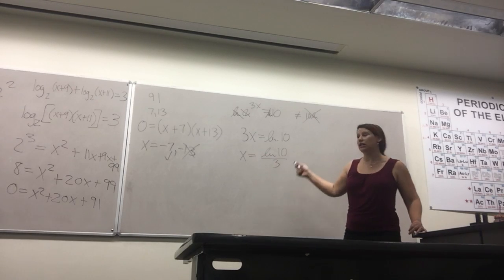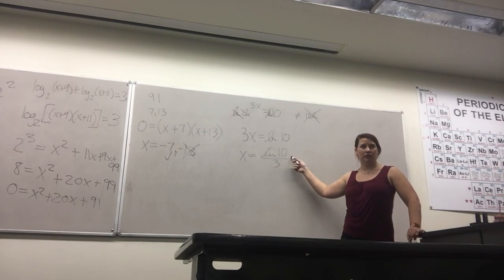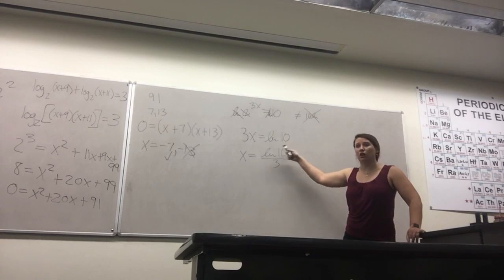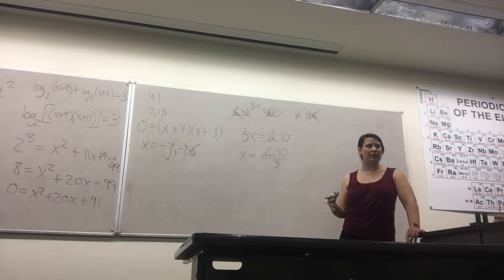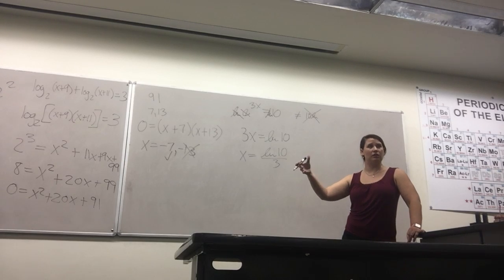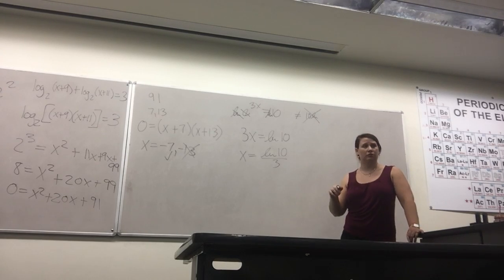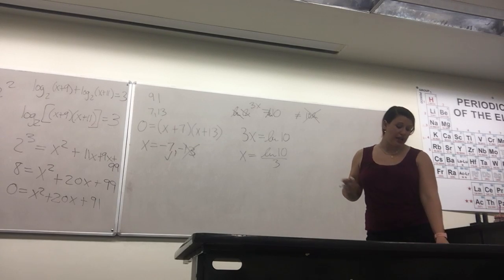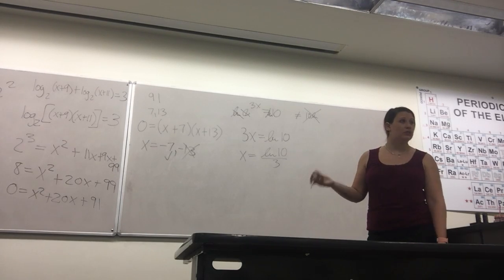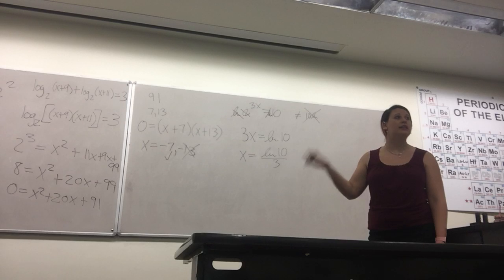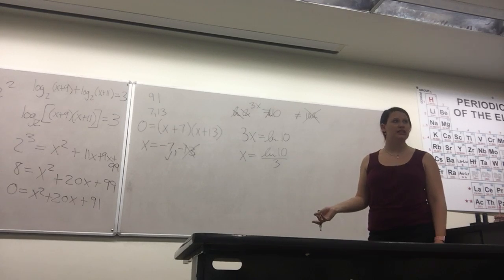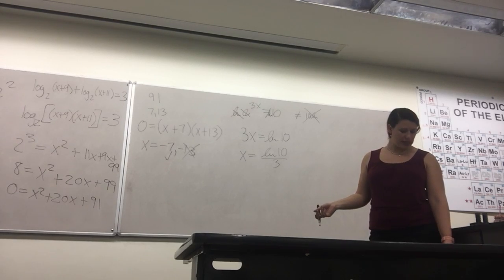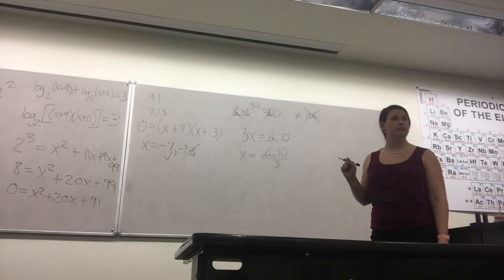Now that 3 cannot get to that 10, because it's dividing the natural log of 10. It's like the 10's in a root. You can't get inside of a root through division, so you can't get inside of a log. So we would find out what natural log of 10 is and then divide that by 3 if you needed the decimal. In this case, it's enough to leave it here, okay, in the exact form.